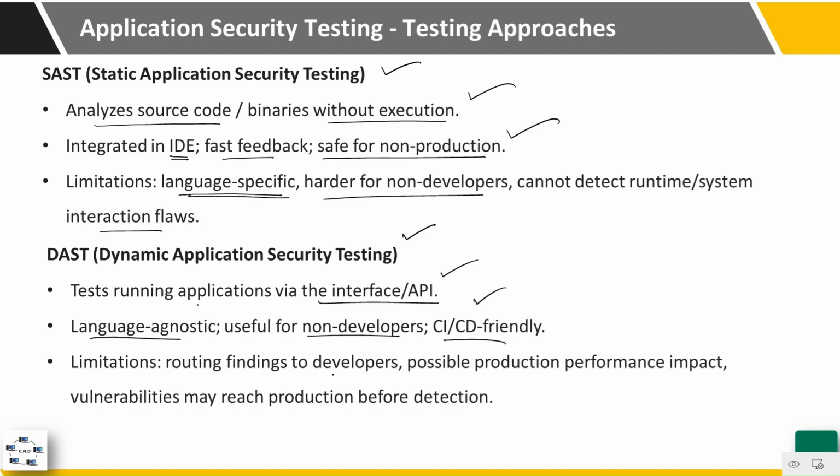Since developers do not do the security testing, the findings must be routed to the developers for fixing. Possible production performance impact: since it is carried out on the production system, we may have a performance impact, and vulnerabilities may reach production before detection because we are carrying out the testing on the production system, not initially on the source code or during development.